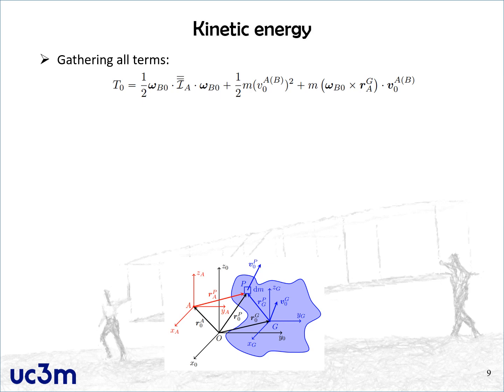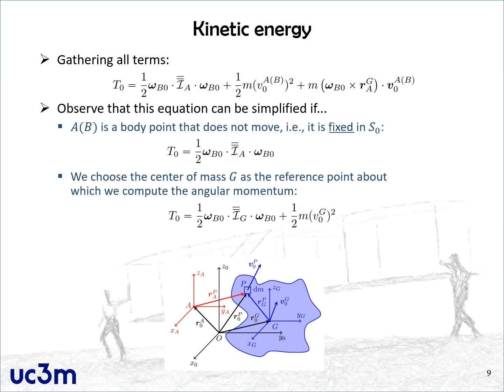Okay, and like before, this is perfectly valid. You can use it in any point A to obtain an expression for the kinetic energy, but clearly you can make some simplifications if you choose the point A which you use to expand the integral in an adequate manner.